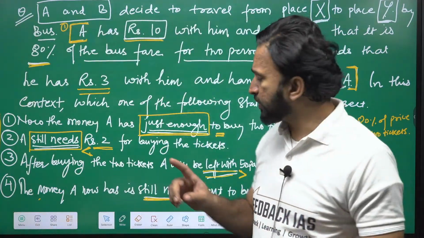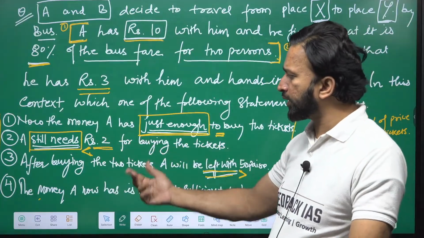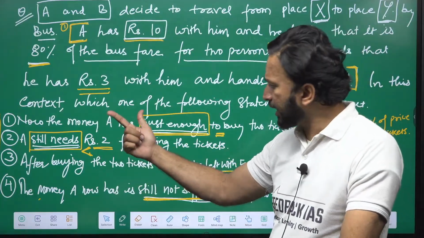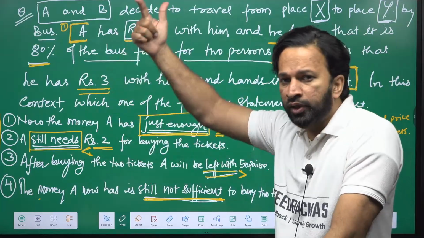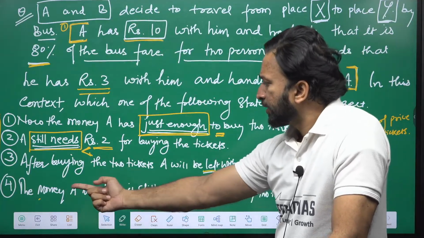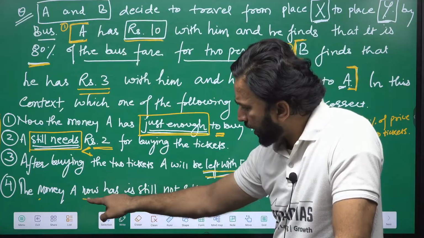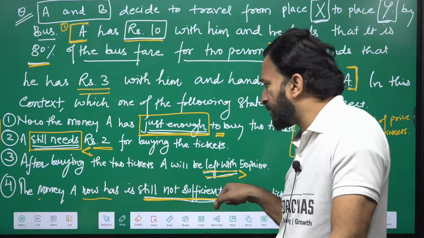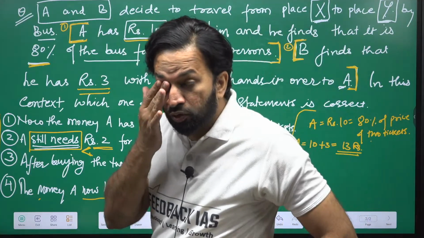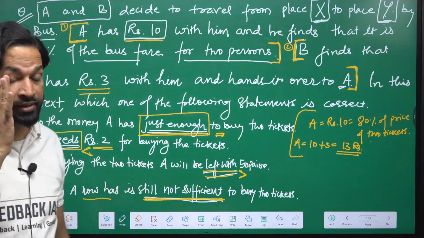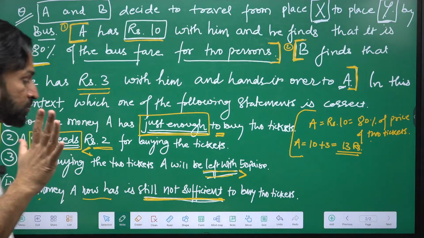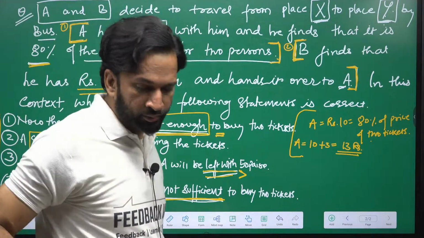So you must be able to differentiate between, here the price is given that it is short of that amount, you need rupees 2. Here the money A now has is still not sufficient. Here the price is not mentioned, that how much price you are required.